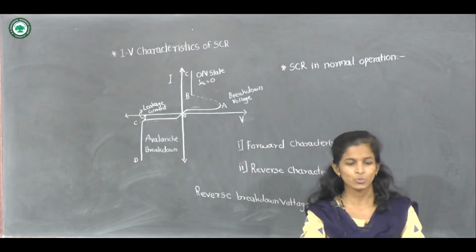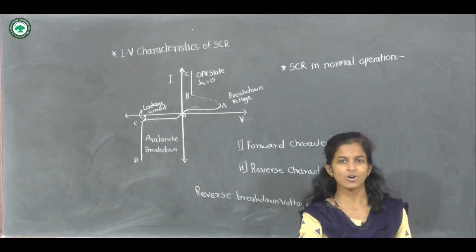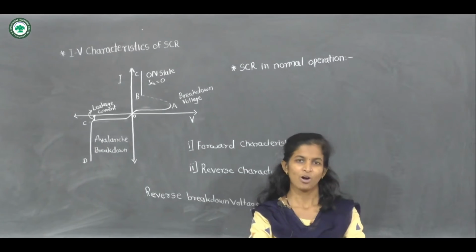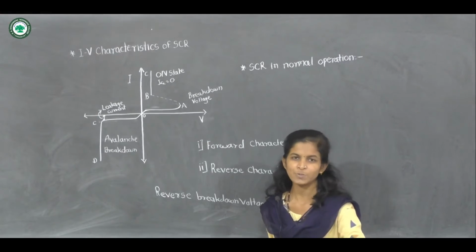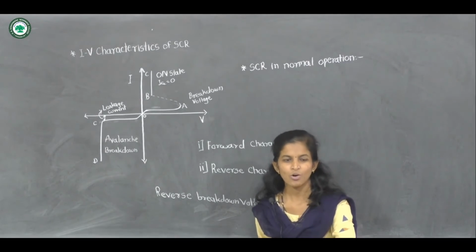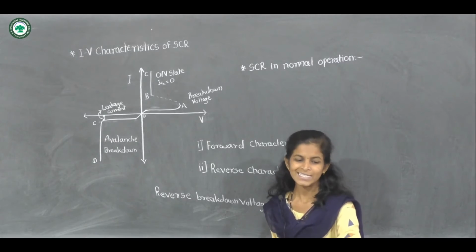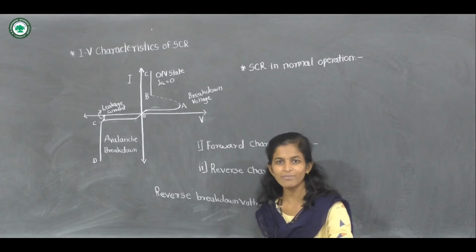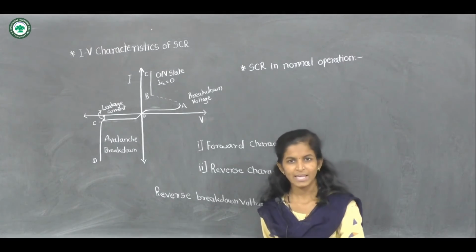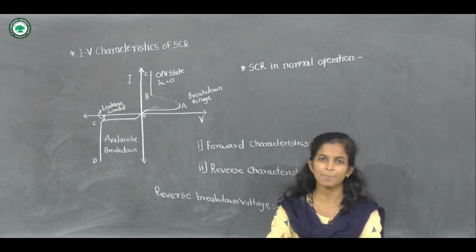The fourth point is when SCR is to be turned off from the on state, the anode current should be reduced to the holding current. And the fifth point is if gate current is increased above the required value, the SCR will close at a much reduced supply voltage.